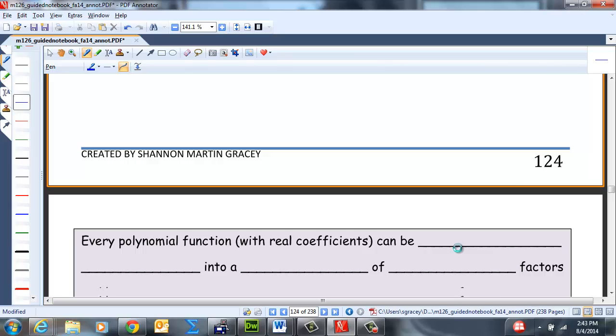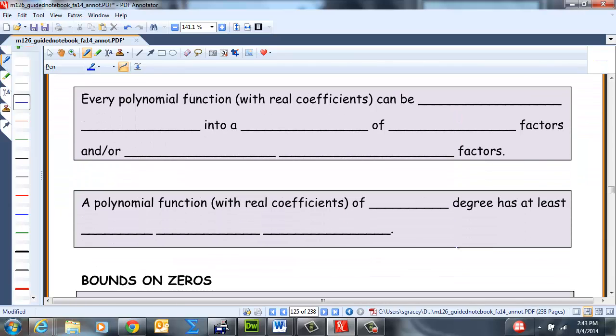Okay, so every polynomial function with real coefficients can be uniquely factored into a product of linear factors and or irreducible quadratic factors.